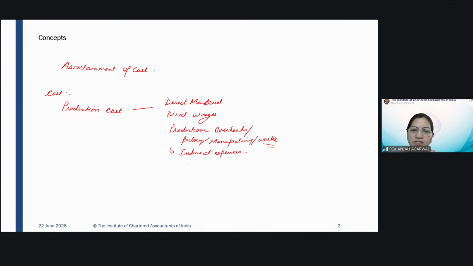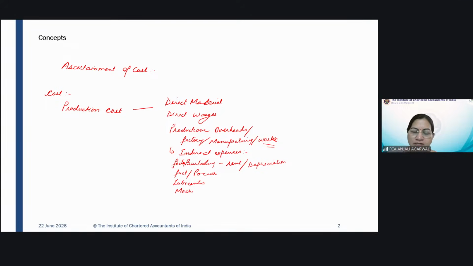And what they would be generally, for example, your factory building. If it is on rent, the rent of factory building. Otherwise, if you are the owner, depreciation of factory building. To produce goods, we use fuel, power. We may use some lubricants in order to produce goods.